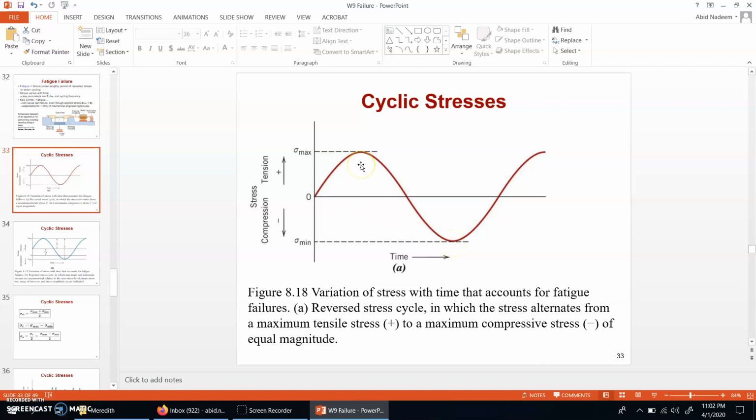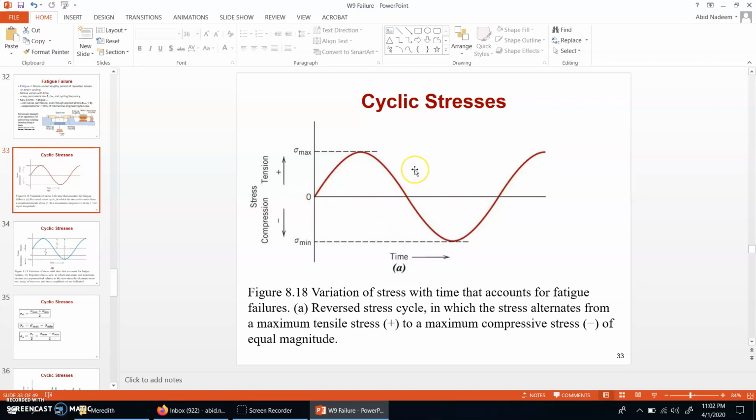So in the first cycle, both the tensile and the compressive stresses are applied in such a way that the maximum tensile stress is equal to the maximum compressive stress. Therefore their average, the mean stress, will be 0.